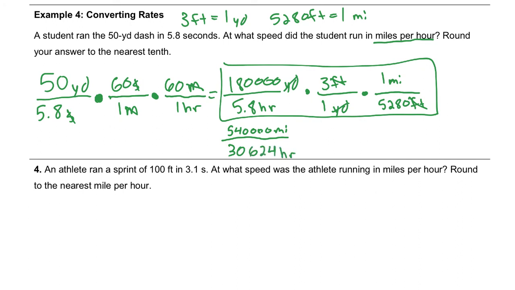And that's in terms of hours. So I'm going to take my top, 540,000, divided by 30,624. So the speed the student ran in miles per hour to the nearest tenth would be about 17.6 miles every hour.